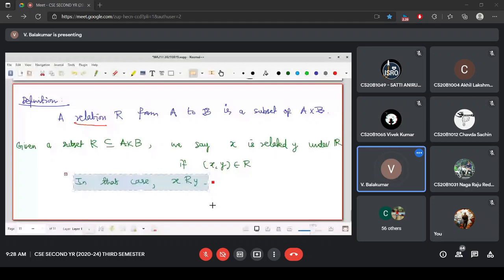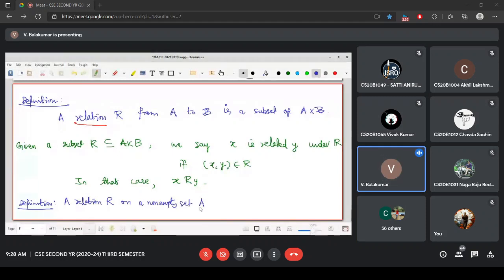Okay, let's write this. One more definition let me write down before looking at examples. Instead of two sets, if you have only one set, in that case also we can define a relation. A relation R on a non-empty set A. Clear, relation from one set to another set.